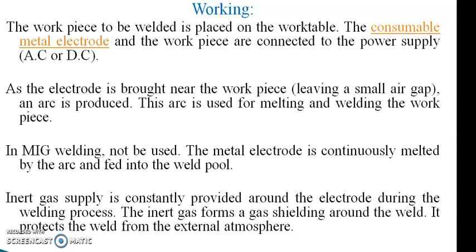While moving the electrode holder along the joint so as to strike the electric arc against the base metal, the inert gas shielding will protect the weld pool and the metal electrode from atmospheric contamination.